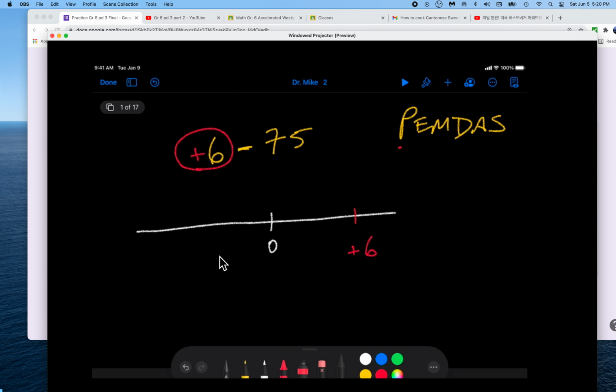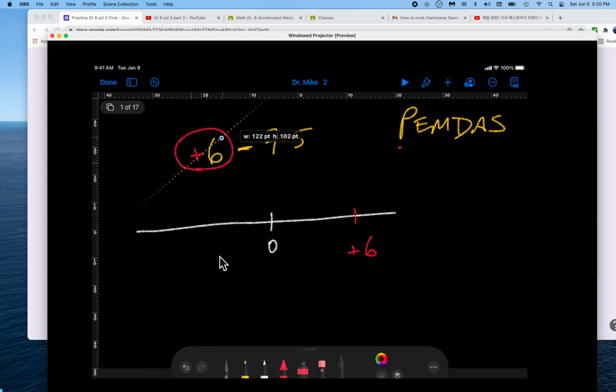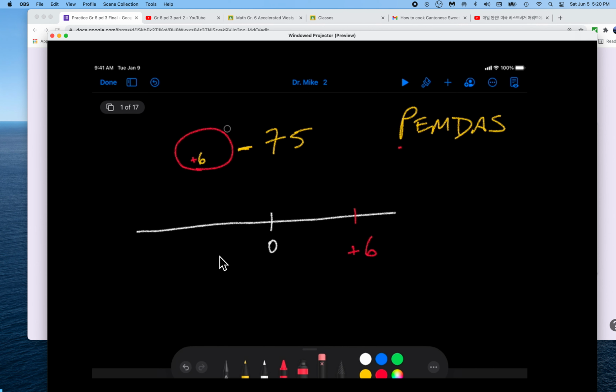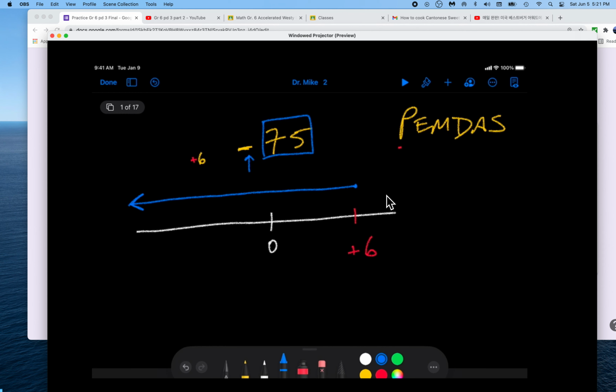We then forget about it. Done. We look at the next sign. What do we see? A minus sign. That means whatever we do, we're going to go in this direction. The only question is how far. Here's your answer. 75 units to the left.